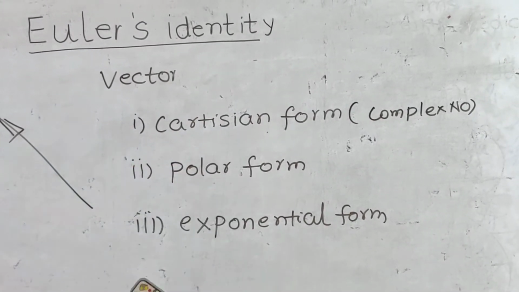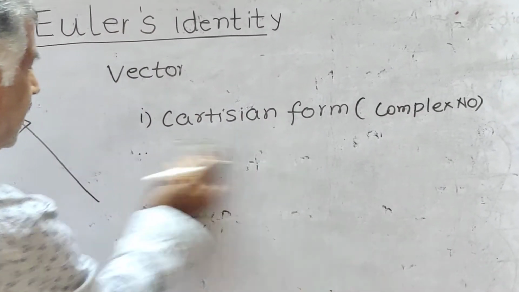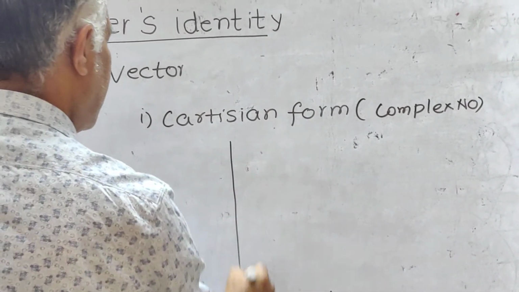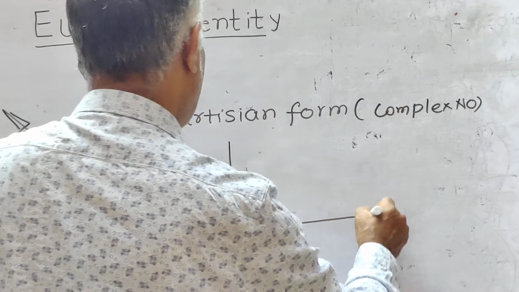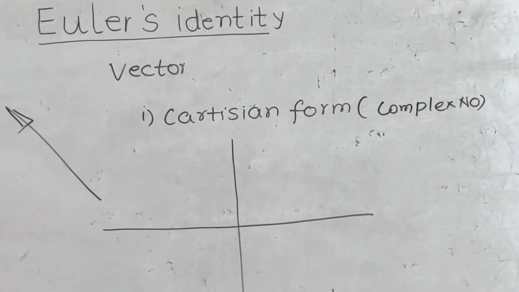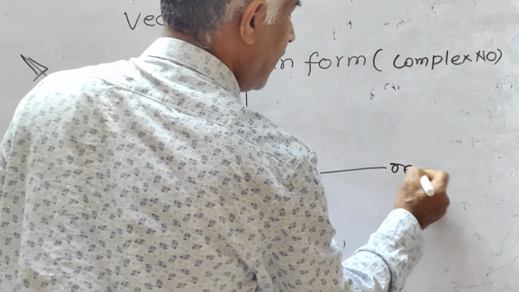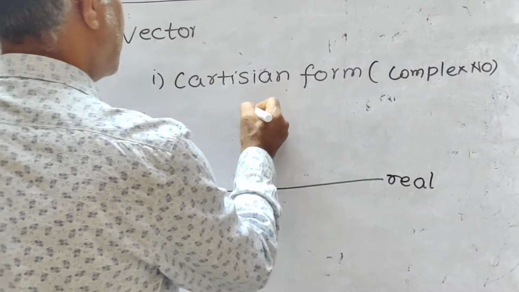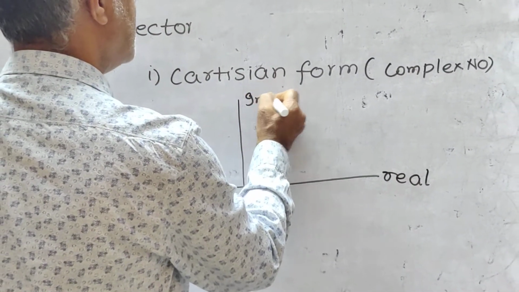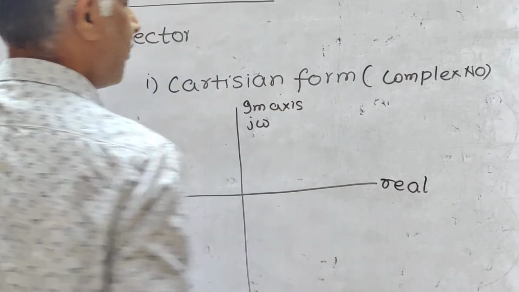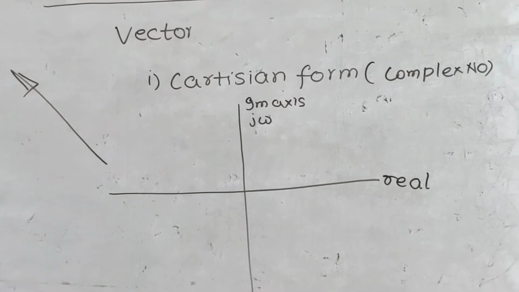First, Cartesian form. In Cartesian form, the two-dimensional plane is divided into four quadrants by two mutually perpendicular axes. This axis is called the real axis, and this is called the imaginary axis or j omega axis.